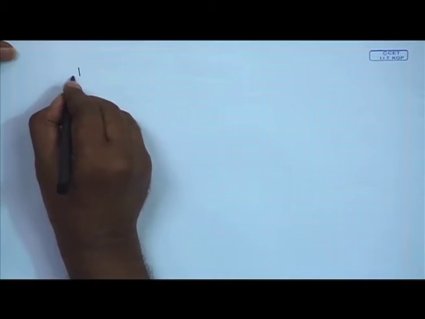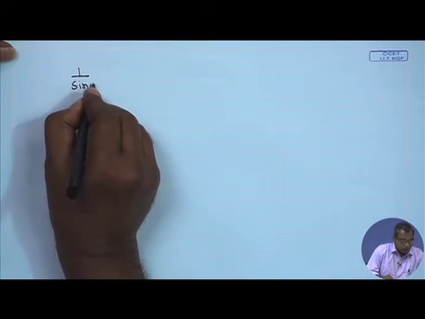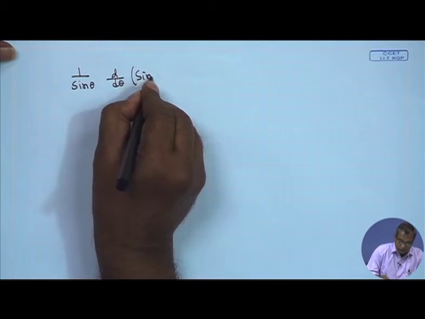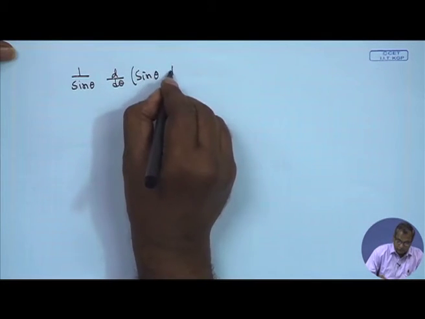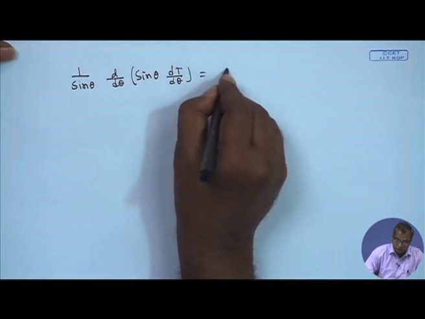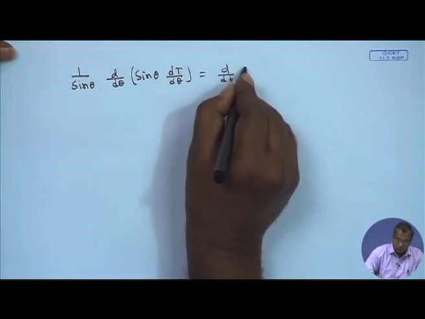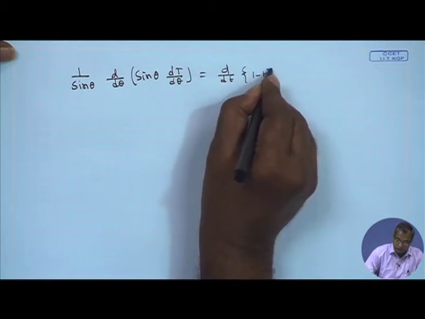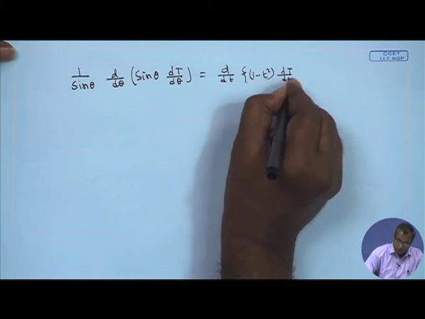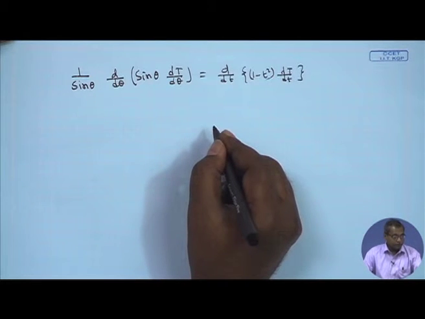So, 1 by sin theta d d theta of sin theta dT d theta is equal to 1 over sin theta d d theta of sin theta dT d theta, which is nothing but d dt of 1 minus t square dT dt.